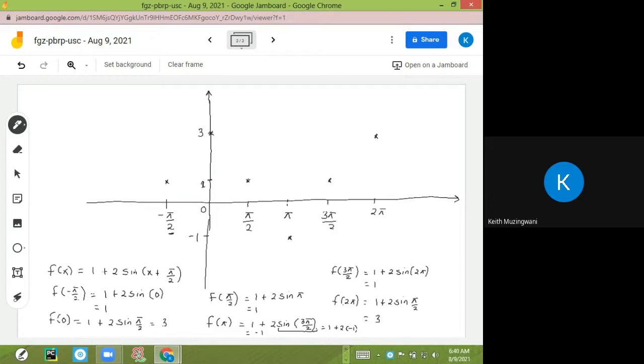And if a number goes beyond 360, like the one we're about to have, here we're supposed to have x is 2 pi plus pi over 2. So we have gone beyond 360.